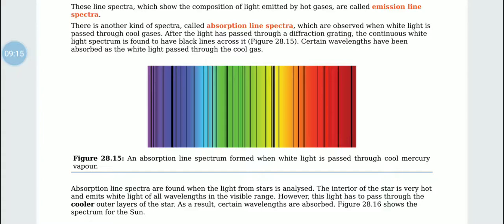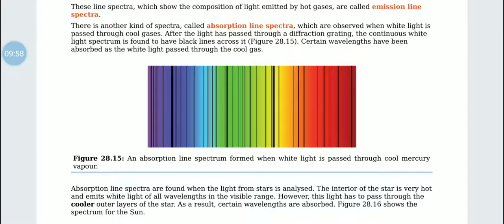Next point, when white light passes through cool gases and is observed after passing through a diffraction grating, we will observe that the continuous white light spectrum has black lines across it.